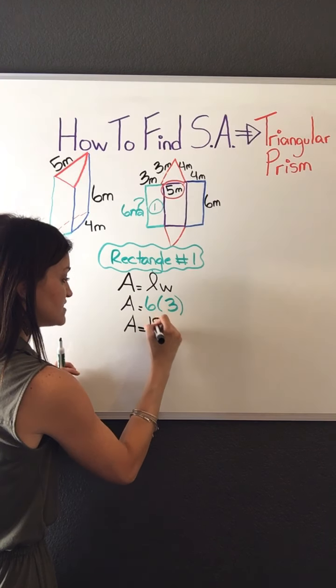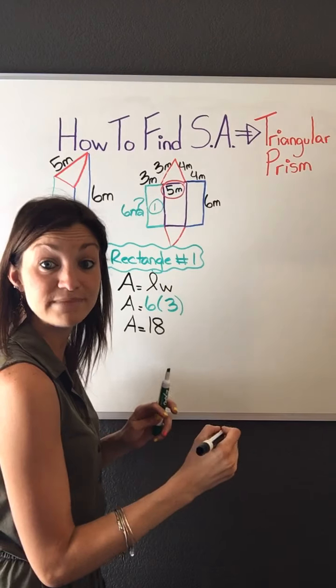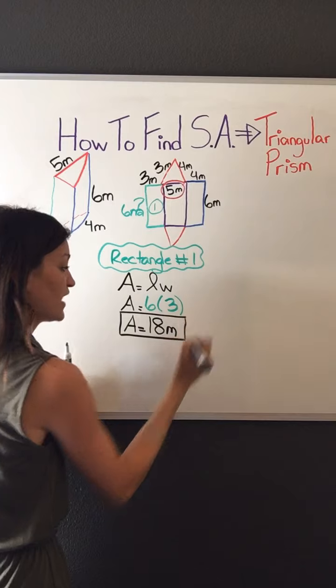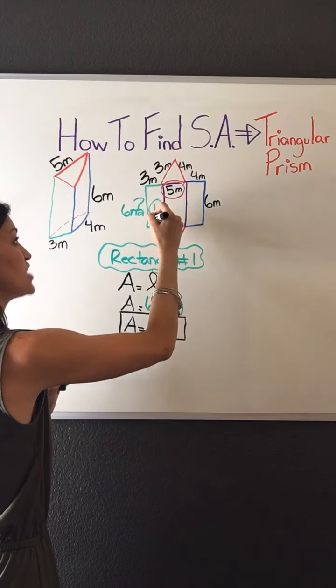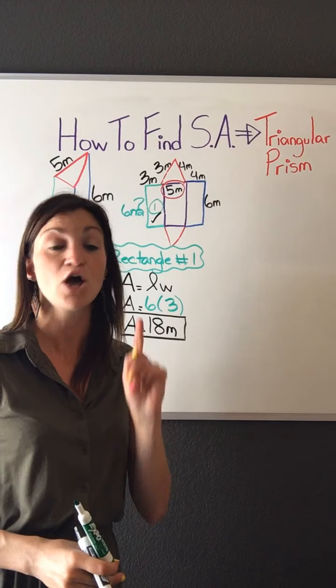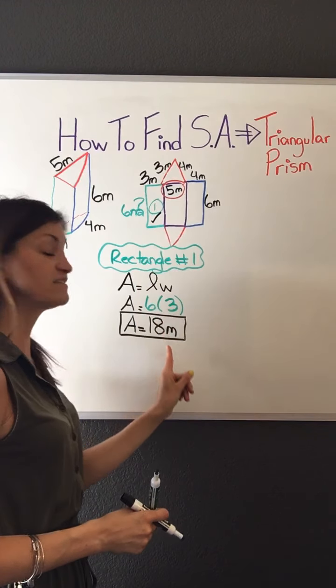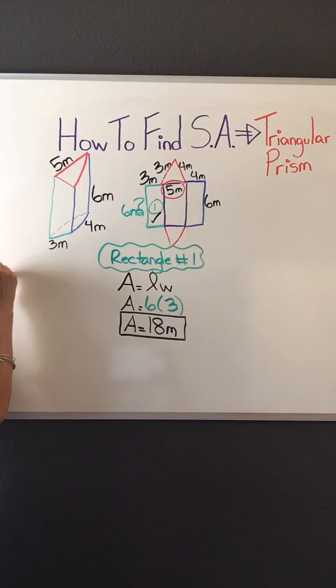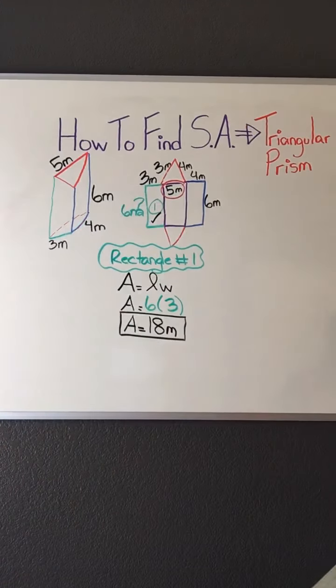It does not give us 18 rainbows. It is 18 meters. We want to be accurate in math and we want to stay consistent, okay? So congratulations, we could put a check mark. We just found out the area of one of the lateral faces, the green rectangle, is 18 meters. I'm going to write this off to the side just because I need to erase, but you do not, okay?